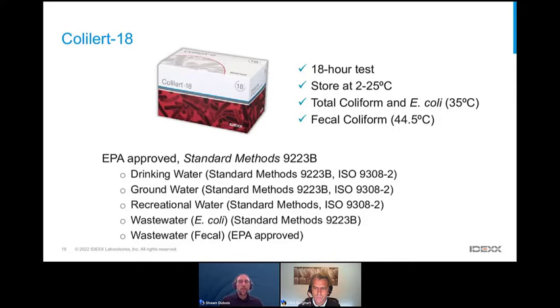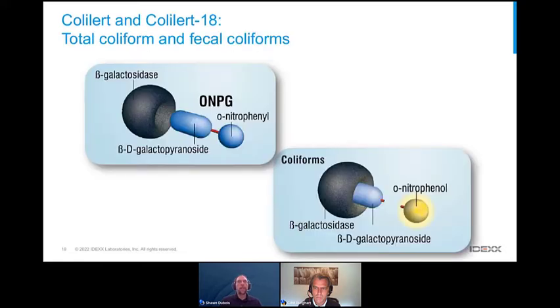There are also buffers to help keep the pH at an optimal level, and suppressants to prevent other organisms from interfering with the test. And then the next part, which is the part that is most important for us for detection, is the nutrient indicator.